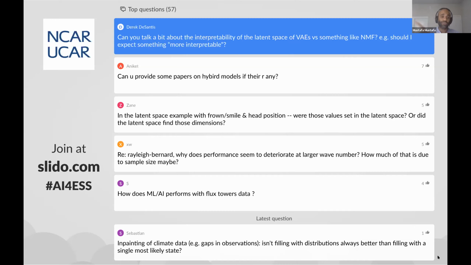Disentangled as in, I move in a certain direction, and in that direction I'm only changing one thing, like a certain property, gender, for example. It's still questionable whether we can really, for any real data, produce completely disentangled representations. It's still an open question.